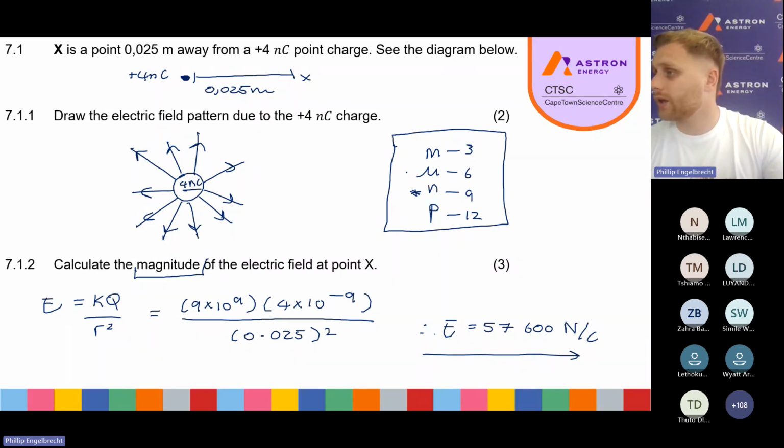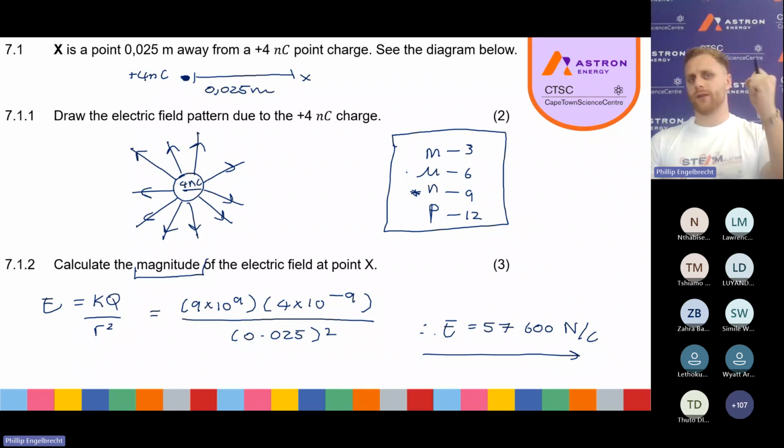If there was a charge given at X, would you use it? So remember, X is just a point. All right. So we do not know the charge of X, right? We only know the charge of this thing. So X is some little point. It's not an actual charge. It's just a little point somewhere around this electric field. Okay. So X doesn't have a charge.